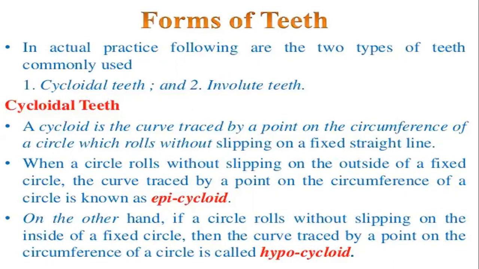You all know what a cycloid is and what an involute is. In the engineering drawing subject, in the first year, first semester, we learned about the different types of curves. Among those curves, cycloid is one type of curve and involute is another type of curve.